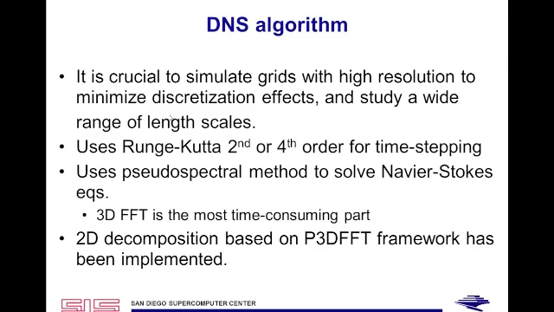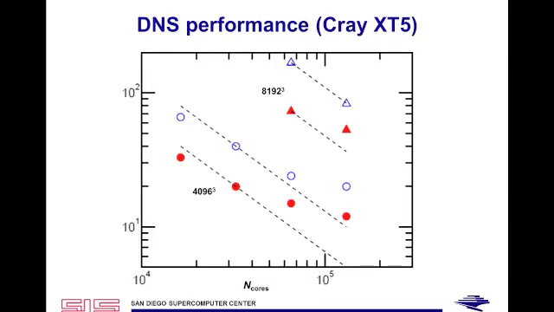This code uses a pseudo-spectral algorithm to solve the Navier-Stokes equations. In this algorithm, three-dimensional Fourier transforms are a crucial part, and in fact the most time-consuming part. Two-dimensional decomposition has been applied to make this code scalable.